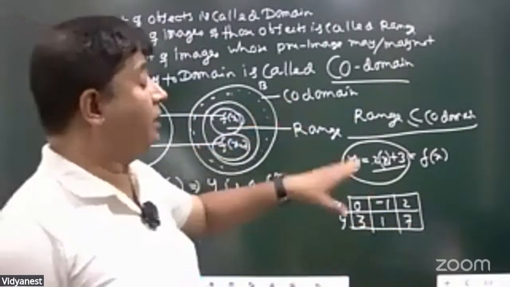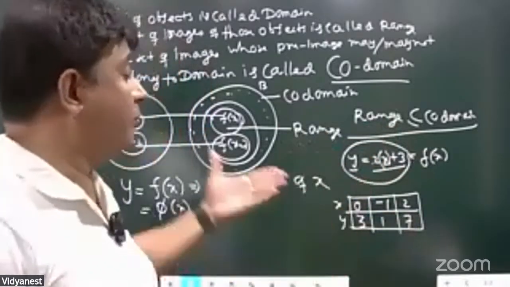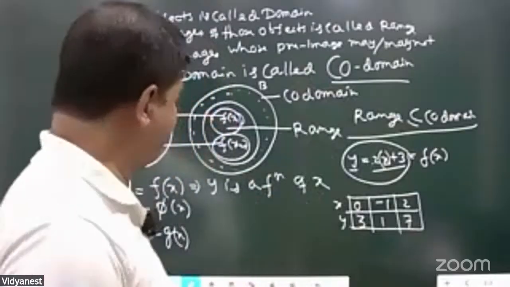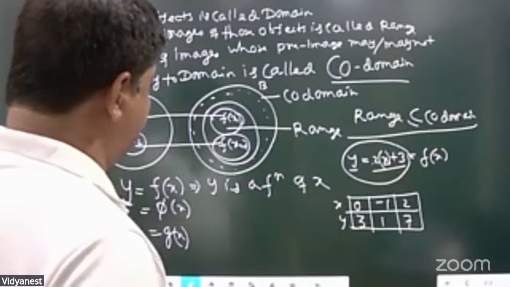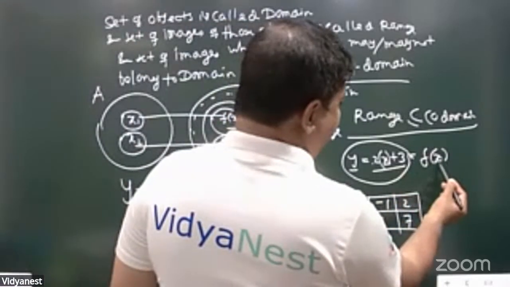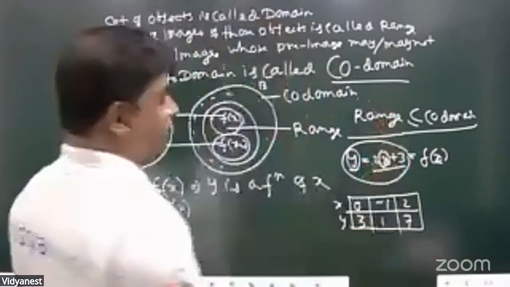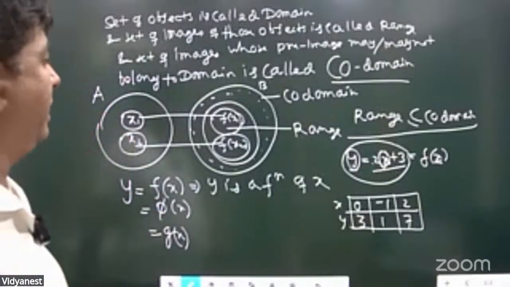So in the subconscious mind, the role of function we had practiced in junior class. Yes or no? Yes, sir. So what we have seen is that according to the change of x, the value of y will be changed.